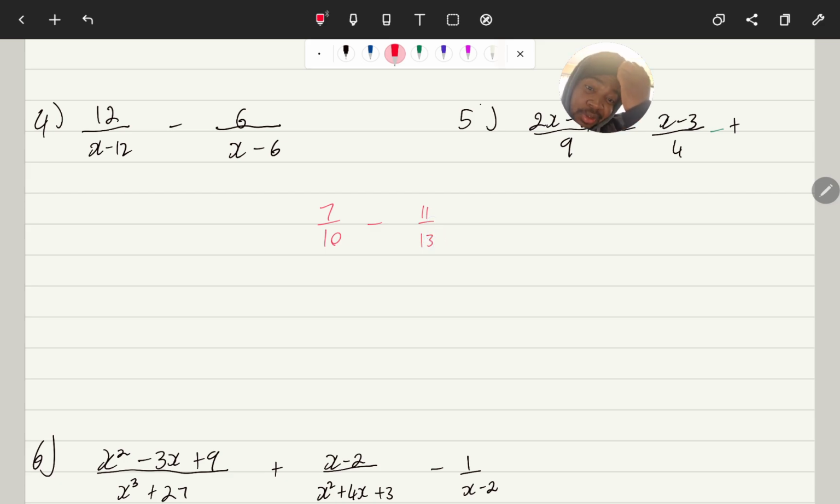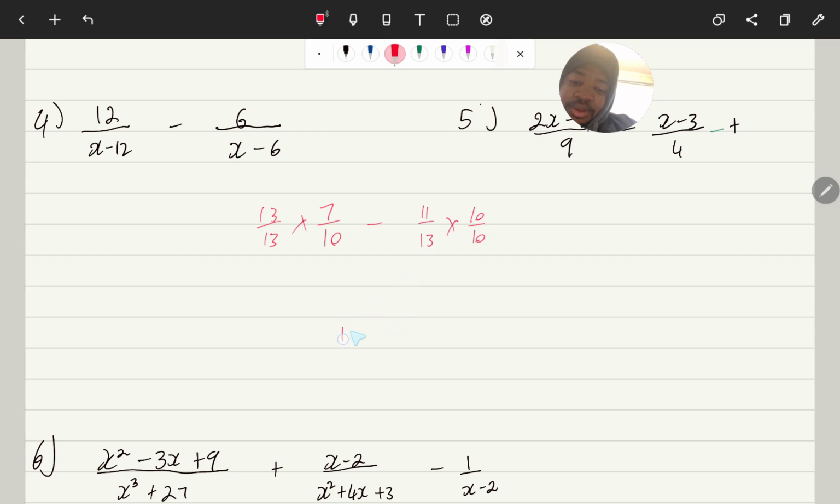I don't know if that makes sense. So perhaps let me make it 17. I don't know, 13 is fine. So with this, the normal way would be, of course, we can't make 10 into 13 or 13 into 10. So the normal way, we would say multiply by 10 over 10, multiply by 13 over 13, right? And then you still have your minus.